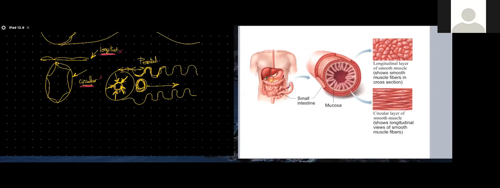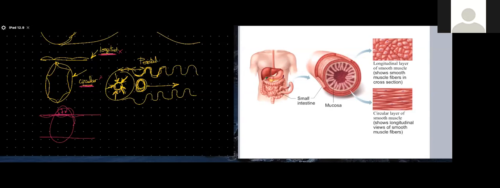And it makes perfect sense. If I had the circular muscle layer on the outside and the longitudinal muscle layer on the inside, and I'm contracting them all day and night, what's going to happen? I will be applying a lot of stress on the longitudinal muscle layer when the circular muscle layer contracts.